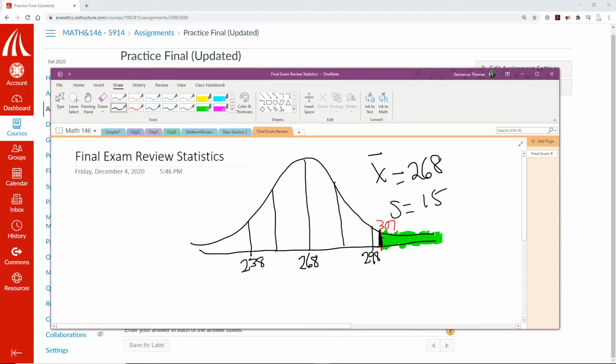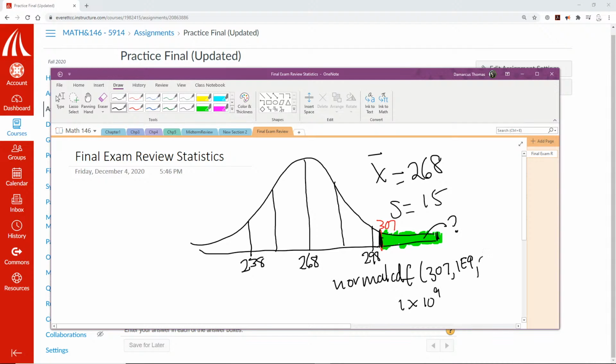Basically, since we're trying to find this proportion, it's a normal CDF problem. It's normal CDF. Our lower bound is 307. Our upper bound is some large number, and I'm going to put in 1e to the 9, which is scientific notation for 1 times 10 to the 9, which is a billion.